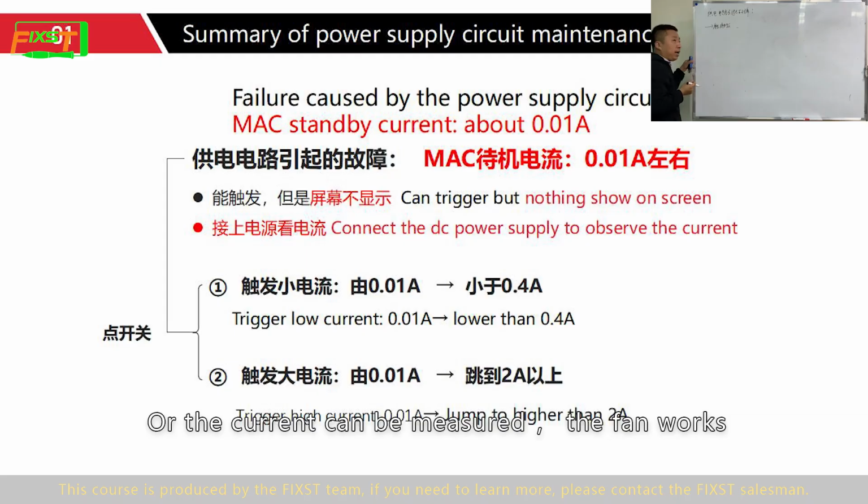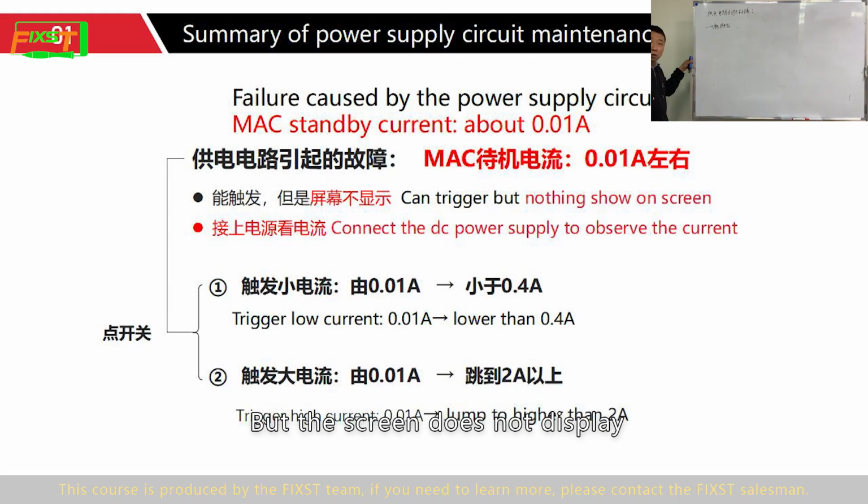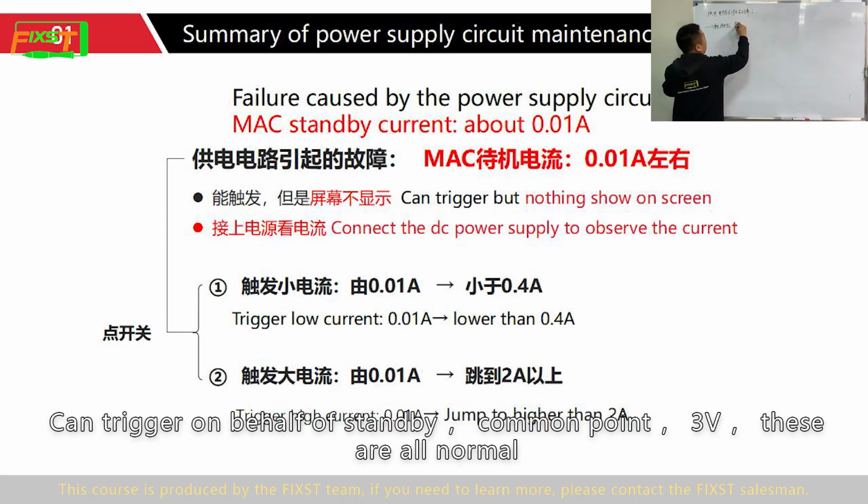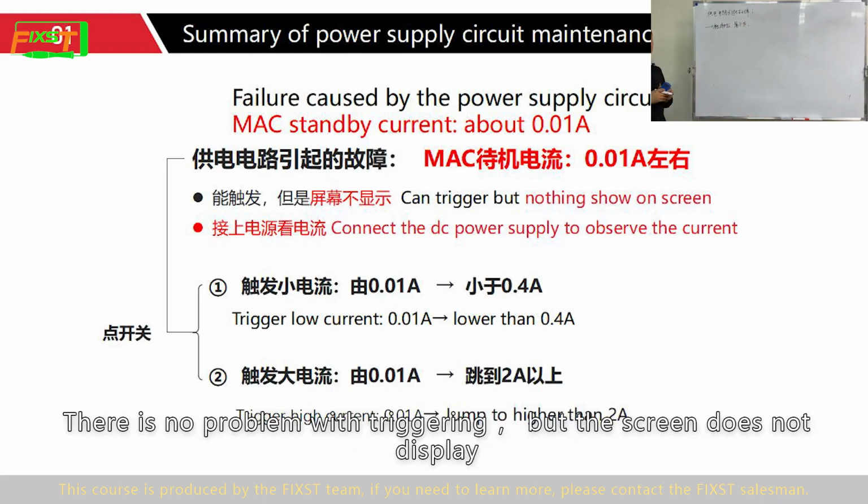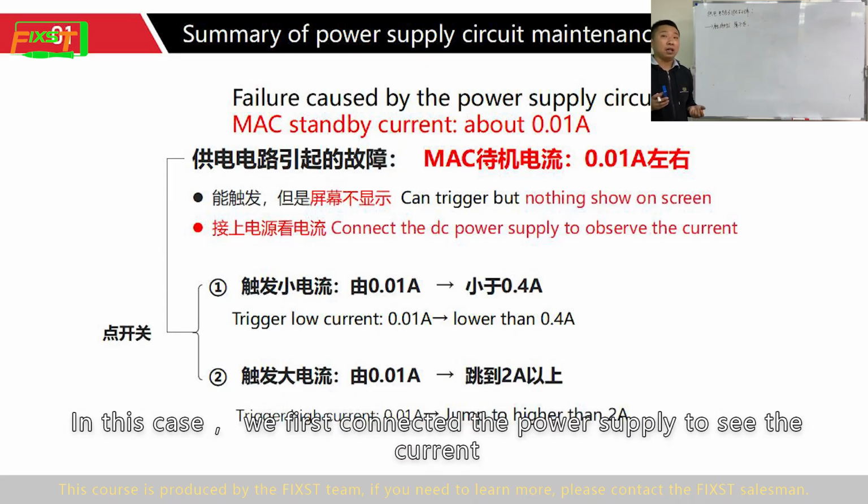The current can be measured, the fan works, but the screen does not display. Can trigger means the standby, common point, and 3 volt are all normal. There is no problem with triggering, but the screen does not display.